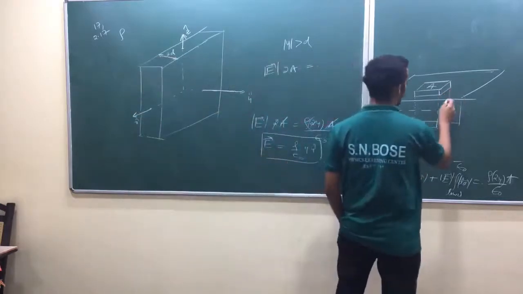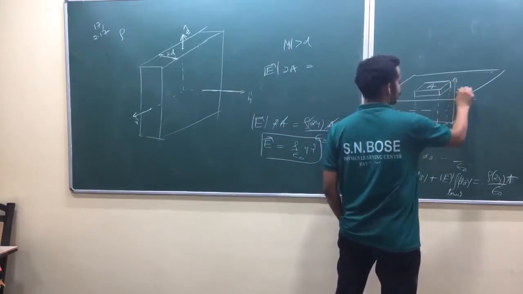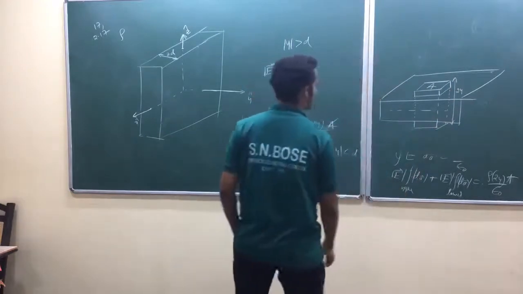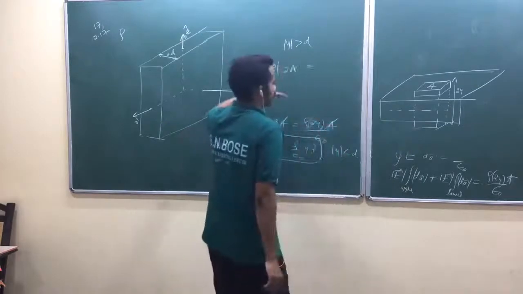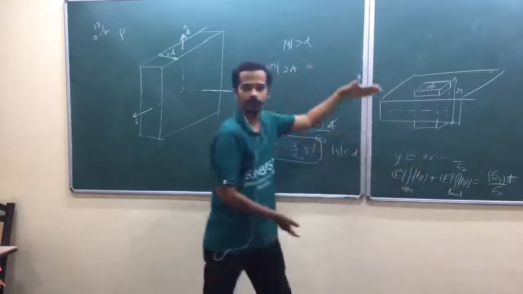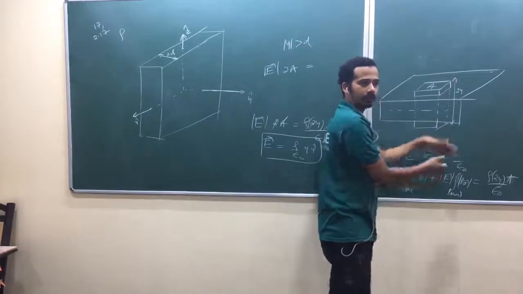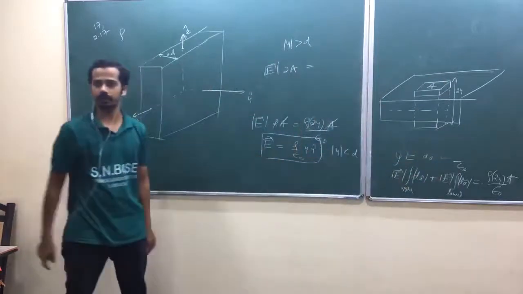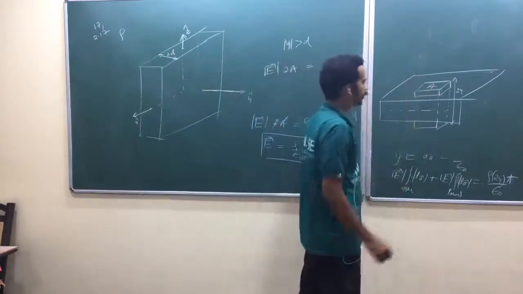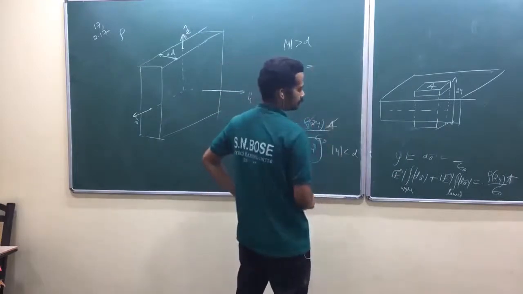Now look at here. Even though suppose this distance is 2y, this is area A. Am I right? But your flux will contribute only here and here, electric field into 2A, because below the electric field will be downward, above the electric field will be upward. So cos 0 in your dot product, and electric field into 2A. The edge surface will not contribute anything, so this part remains the same as earlier.